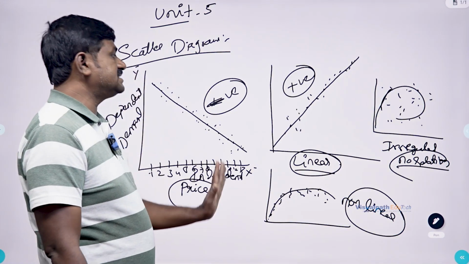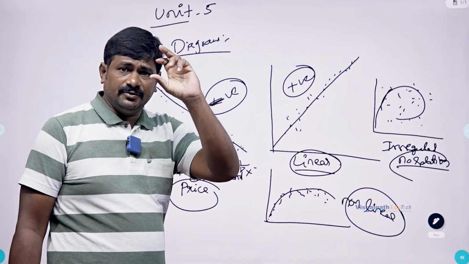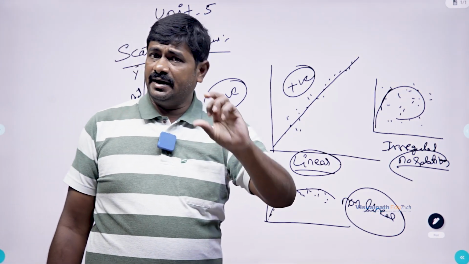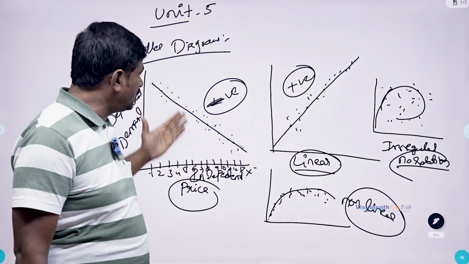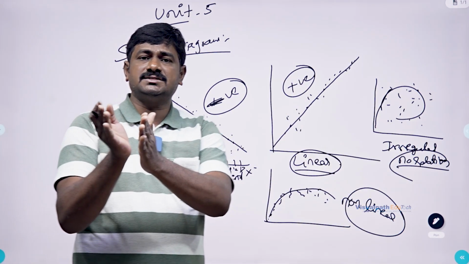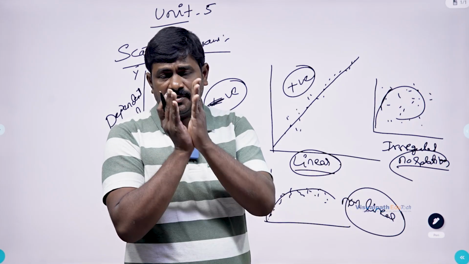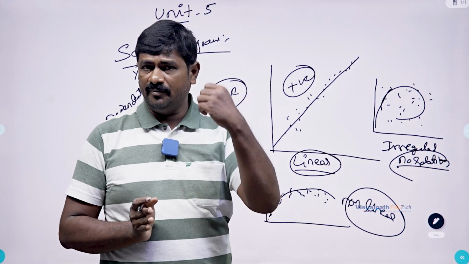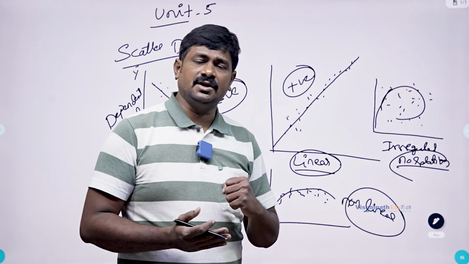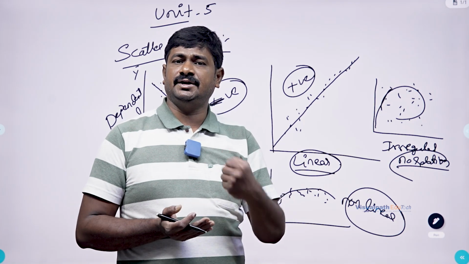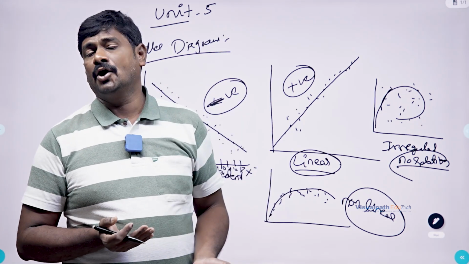So by using these diagrams, first of all we have to take the independent variable on the x-axis and the dependent variable on the y-axis. We make the dots, and by adding the maximum dots it forms a line. By observing that line, we can identify whether it is a positive, negative or zero relation, or a linear or non-linear relationship.